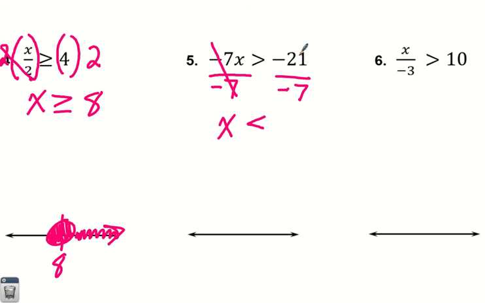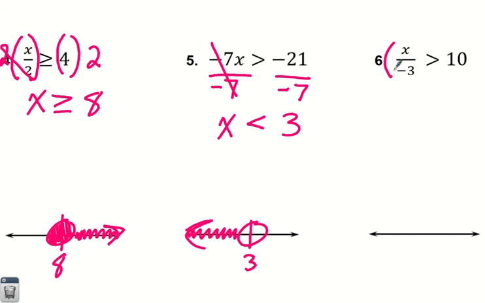Negative 21 divided by negative 7 is positive 3. So we do the division, but we also have to make sure we flip to a less than. And so that means it's going to be strictly less than 3, and we're shading to the left, and we're not coloring in the circle.